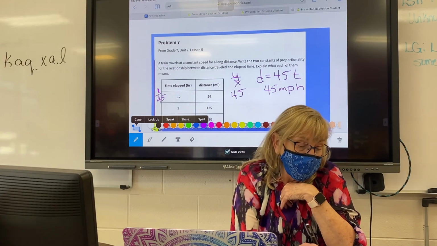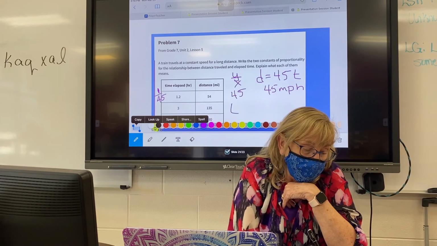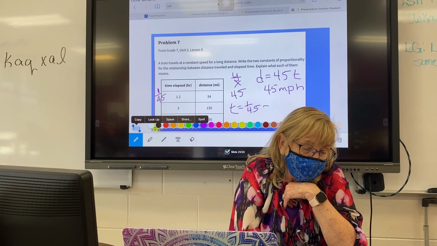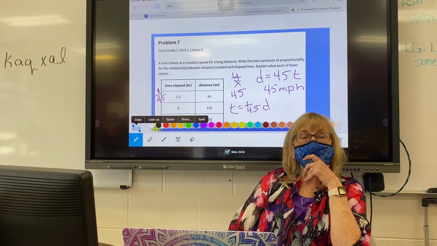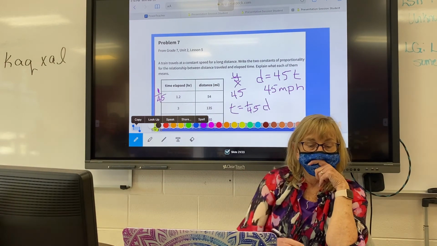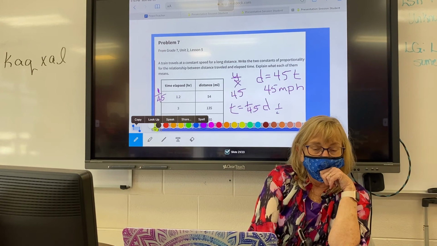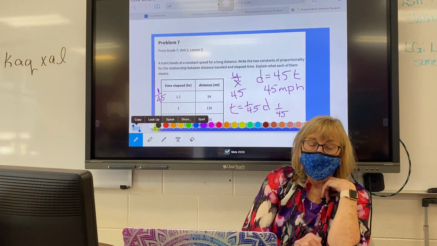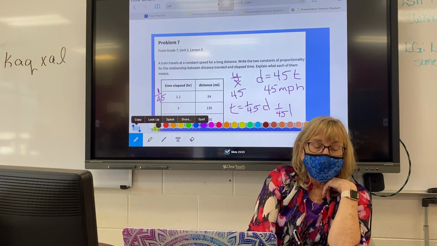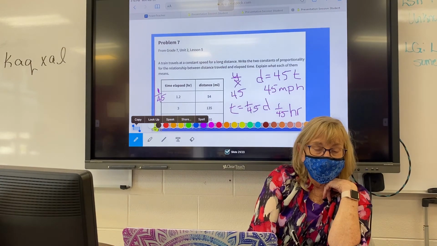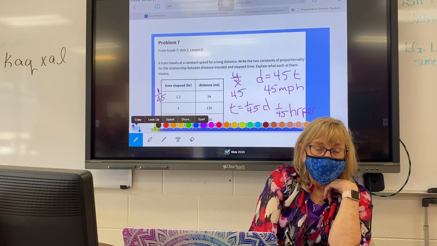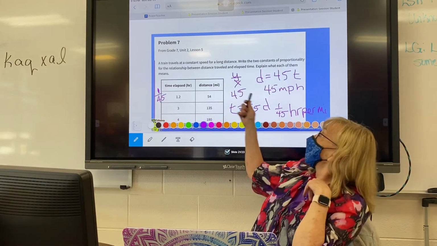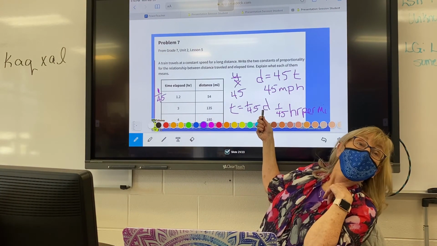So this equation would be T equals 1 over 45 D. Now what does that mean? 1/45 of a mile. Of an hour per mile. Now we're making the distance one here. Okay.